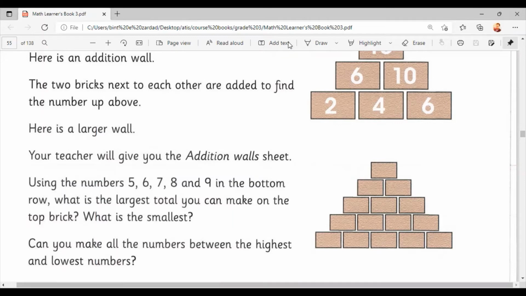What is the largest total you can make for the wall? What is the smallest you can do? Let's just do one. We are using 5, 6, 7, 8, 9.